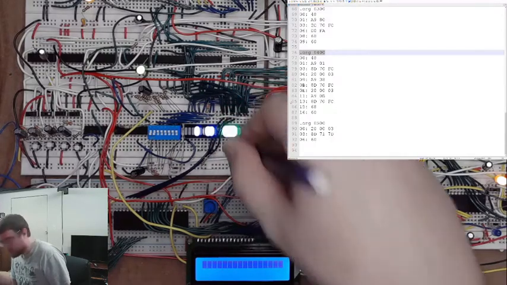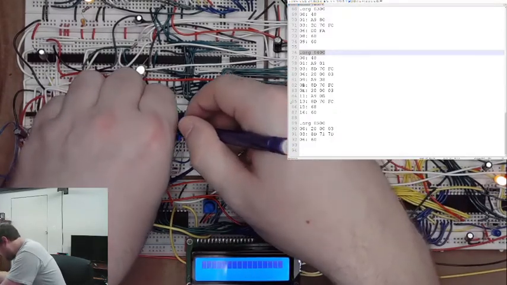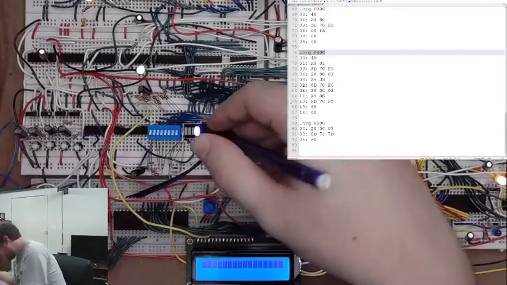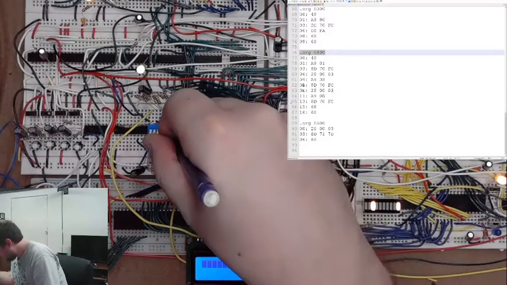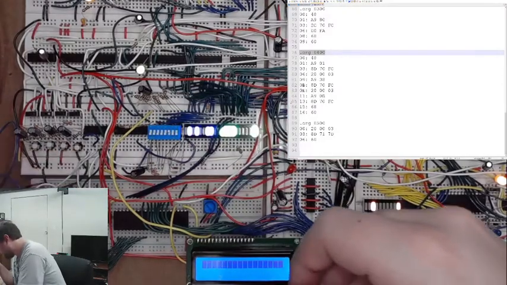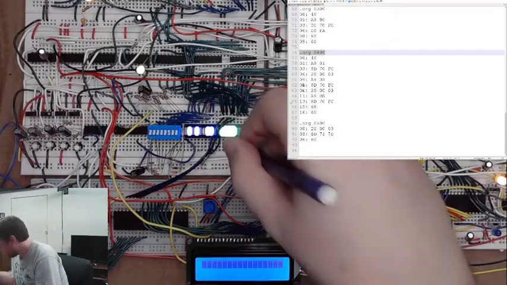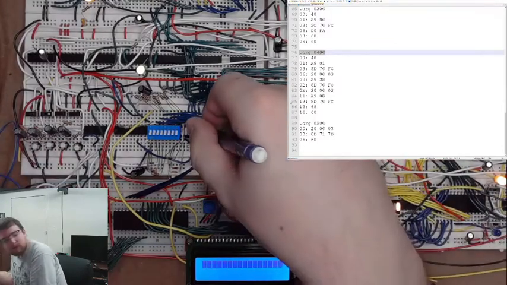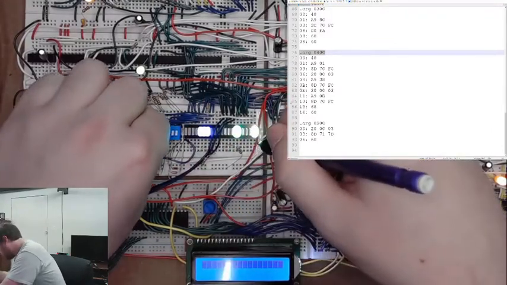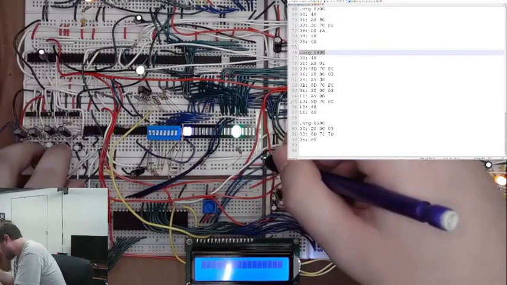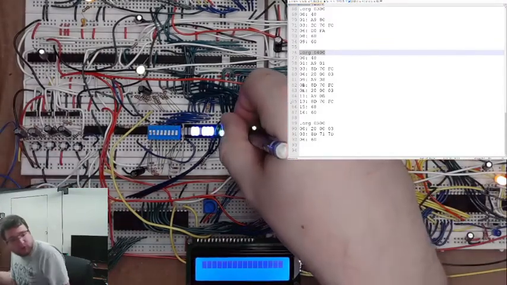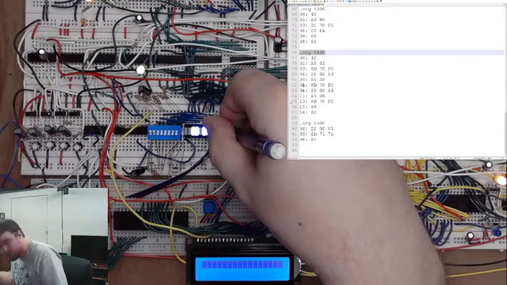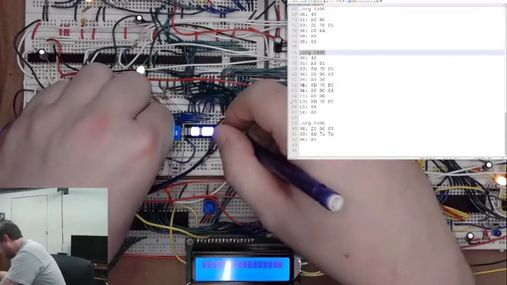E? Okay. 20. So let's 20. 00. 03. And now we should be at 1. What is that? 11. All right, good, good, good. Everything's working.